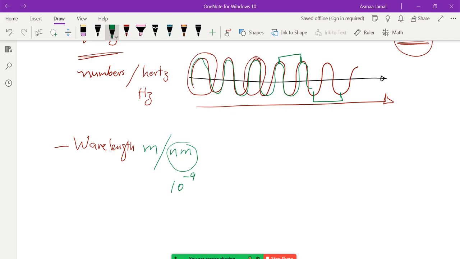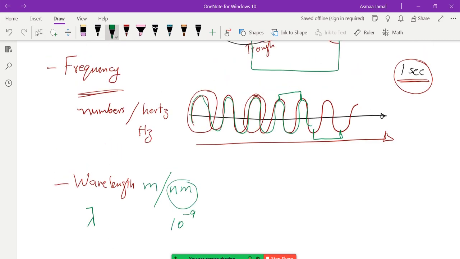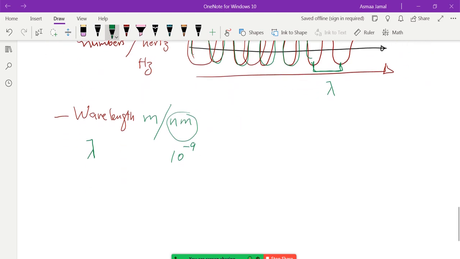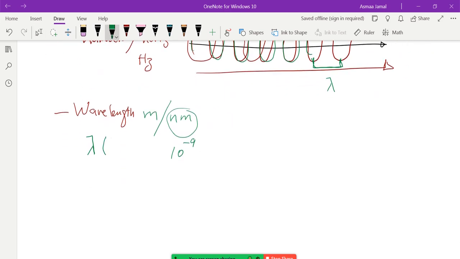The wavelength has the symbol lambda. So between two troughs or two crests or two peaks, we have one lambda, one wavelength, and we measure it in meters or nanometers. Lambda is the distance between two peaks or two troughs.